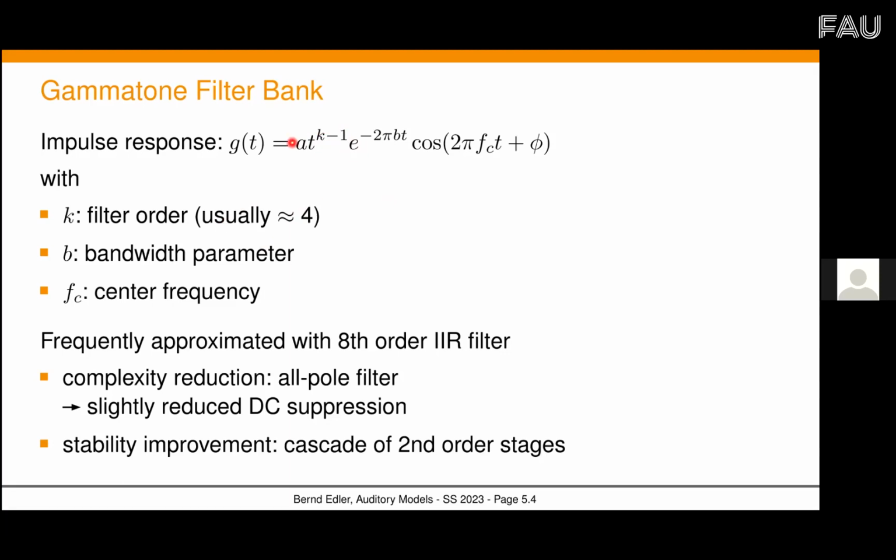This is not connected to any filter structure order. But if you implement that and approximate that with an IIR filter, you would select the proper parameters and the proper frequency, proper filter order with a number of poles and zeros and so on. And normally this is approximated with 8th order IIR filters.